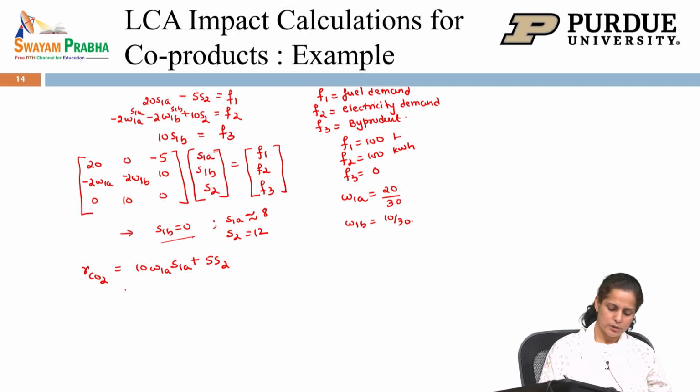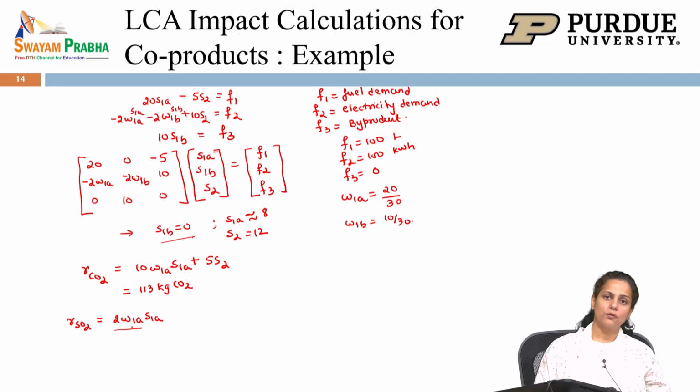Okay. And when you calculate that, the value will come out to be 113 kg of CO2, and we can also calculate RSO2, that value is 2 times W1A S1A. So, 2 times W1A is taking care of the portion of that SO2 emission from process 1 that is attributed to the fuel production, and S1A is the scaling factor for the amount of fuel production that we need from our goal, and then 1 times S2, and that value will come out to be 22.67 kg SO2.